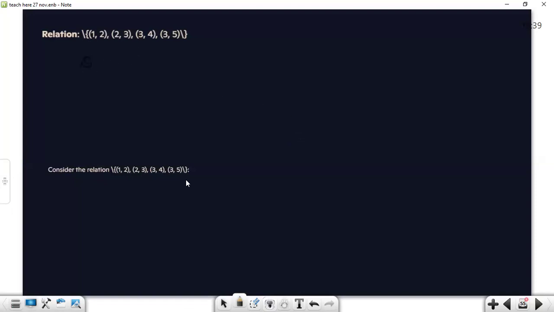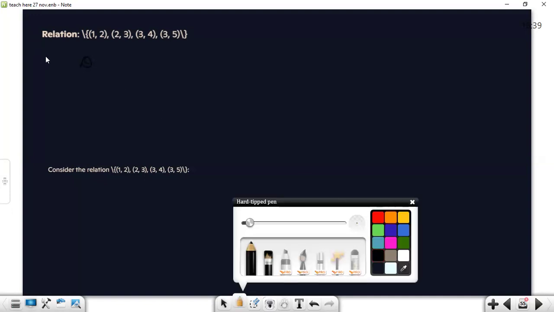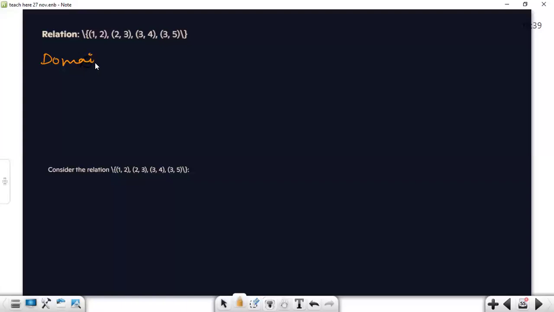So please, can you tell me the domain of this given relation? 1, 2, 3.